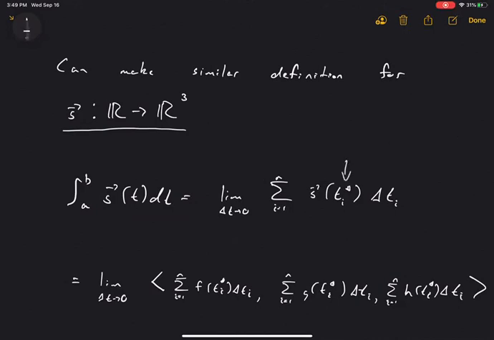I'm evaluating at a finite number of points t_i, and I'm multiplying by the distance between those points, delta t_i. So what is this? This is a vector, this is a scalar. A vector times a scalar is a vector, so this whole thing is a vector.